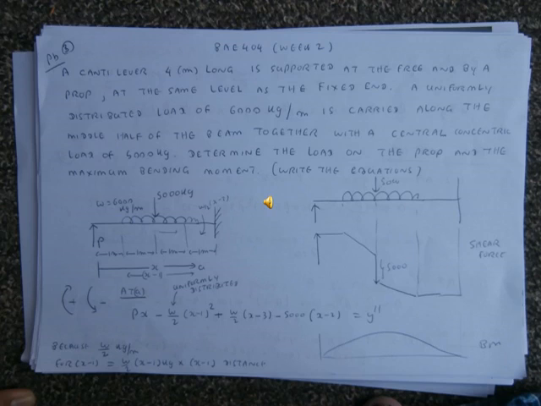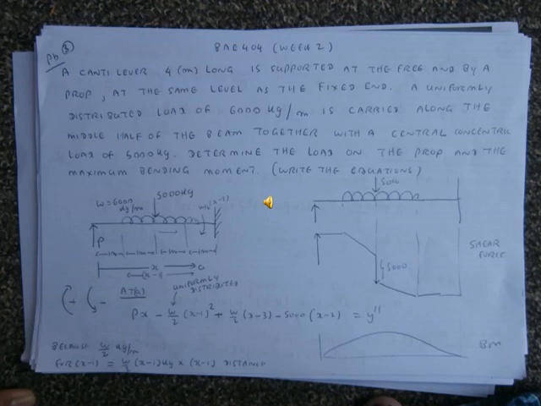So PH minus W by 2, H minus 1 square plus W by 2, H minus 3 minus 5,000 multiplied by H minus 2 is equal to Y double dash. Because of the moment at the A point, we have to take the moment. The point P is the upward force, so P into H is moving around.